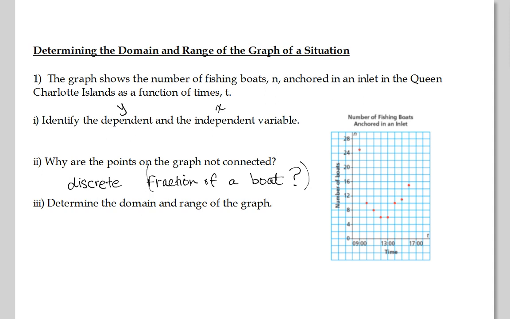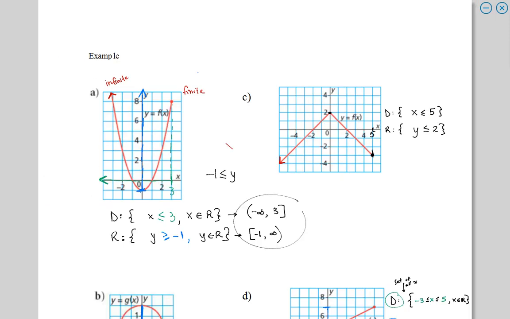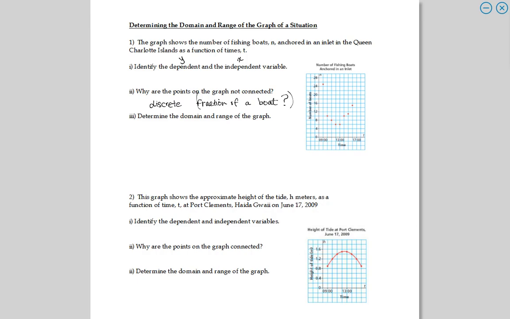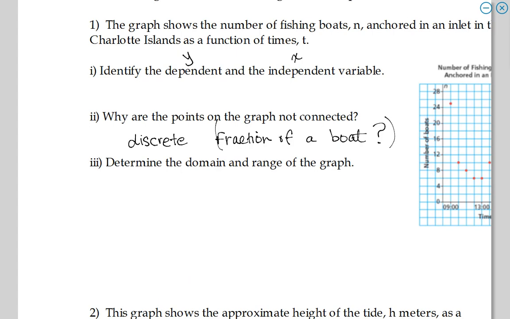If you had a fraction of the boat, it might sink, and it will no longer be a boat. So because this is discrete, we're not doing this. See this page? We only do this stuff for when it's connected. When it's discrete, we just make a list.